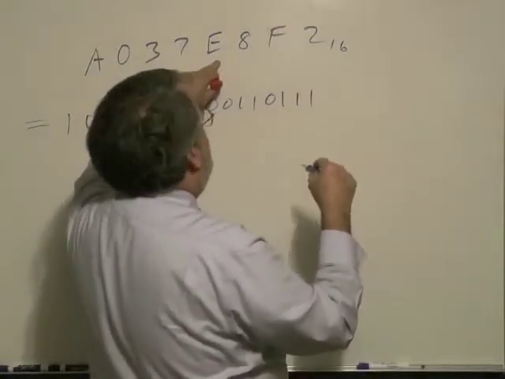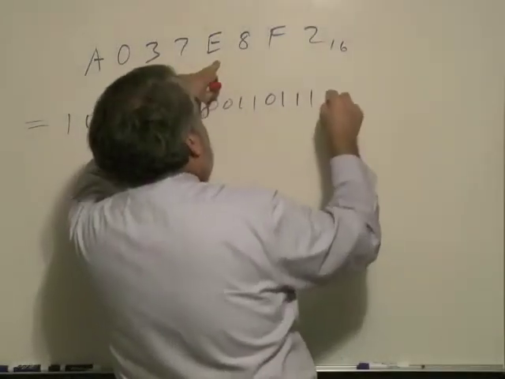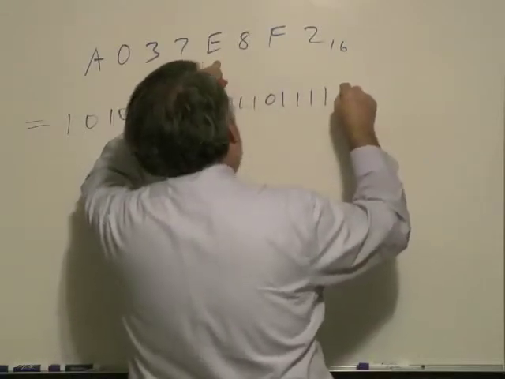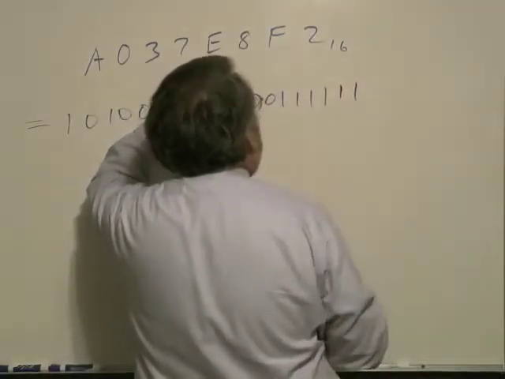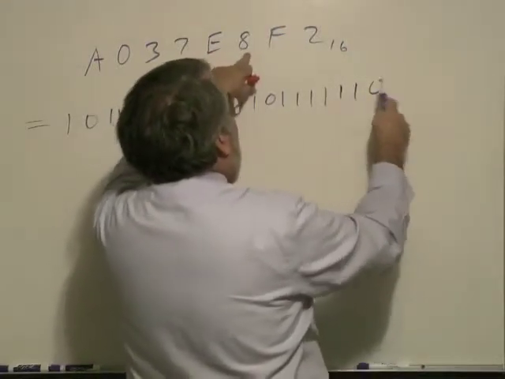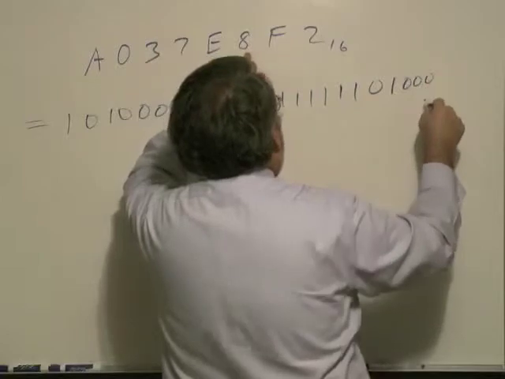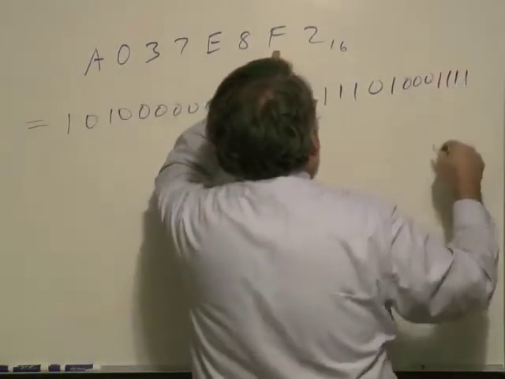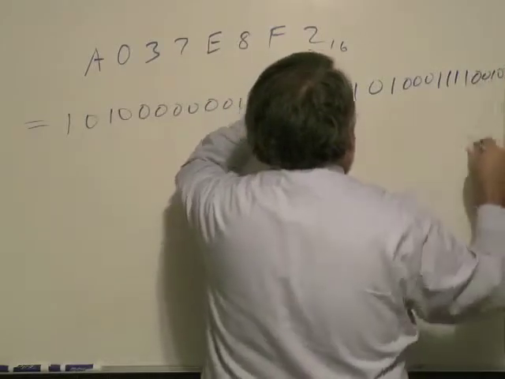E is what? 14? 14 is 8 plus 4 plus 2. Okay, so it's 1, 1, 1, 0. 8 is 1, 0, 0, 0. F is 15. 15 is all ones. And then 2 is 0, 0, 1, 0.